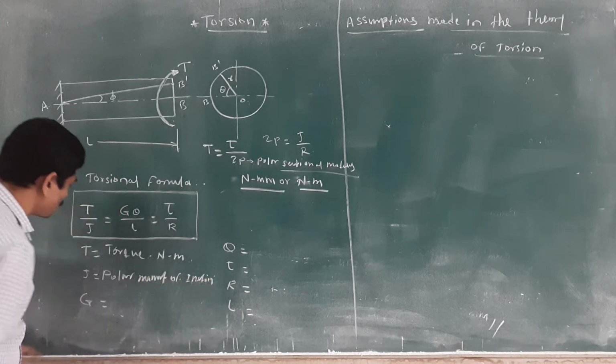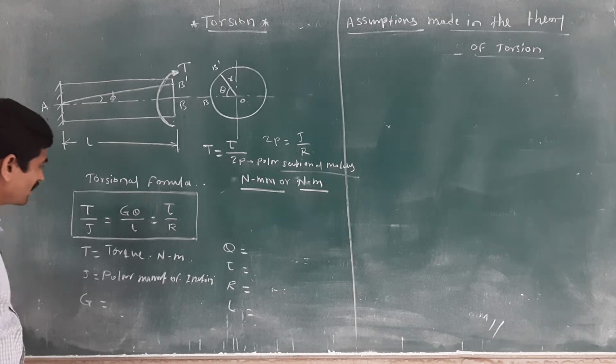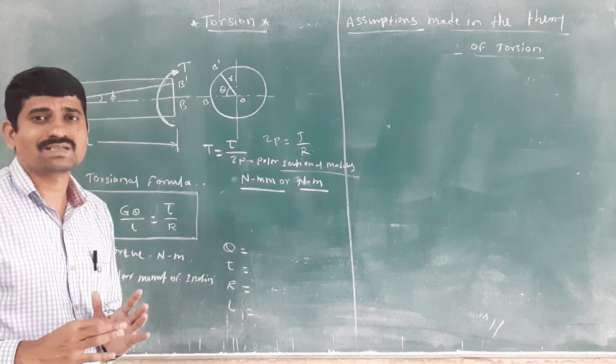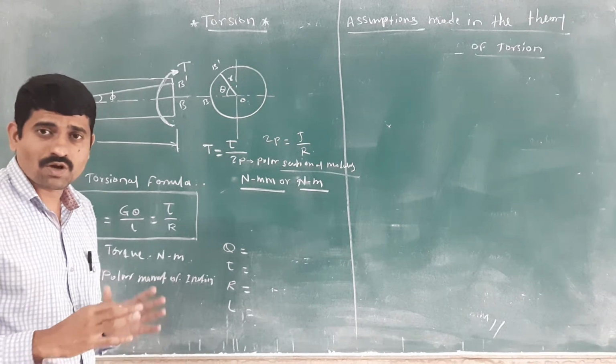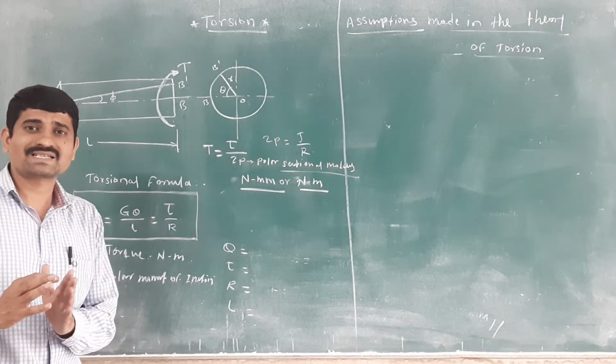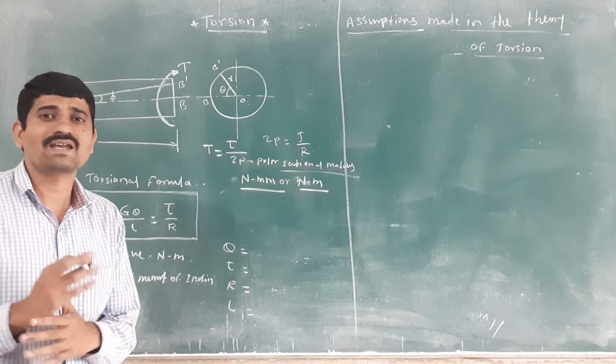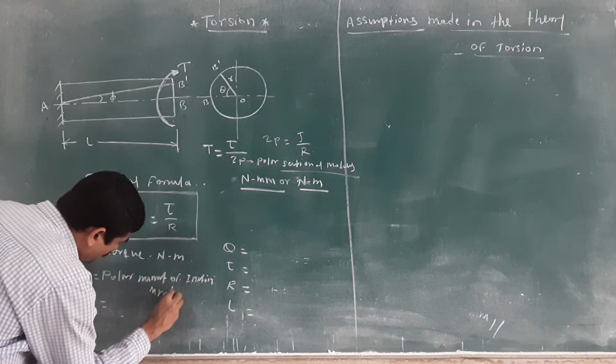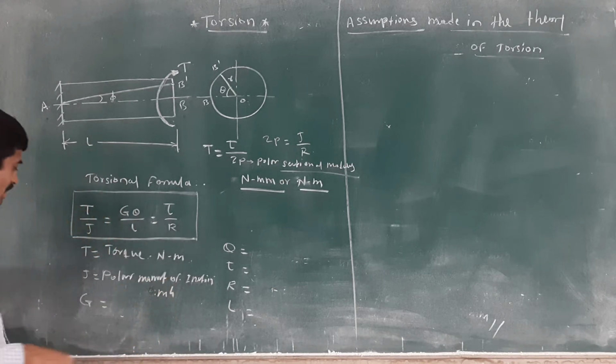What is the unit of polar moment of inertia? Polar moment of inertia is the summation of moment of inertia in x-axis plus moment of inertia in y-axis. Means unit is mm raised to 4, or we can write meter raised to 4.